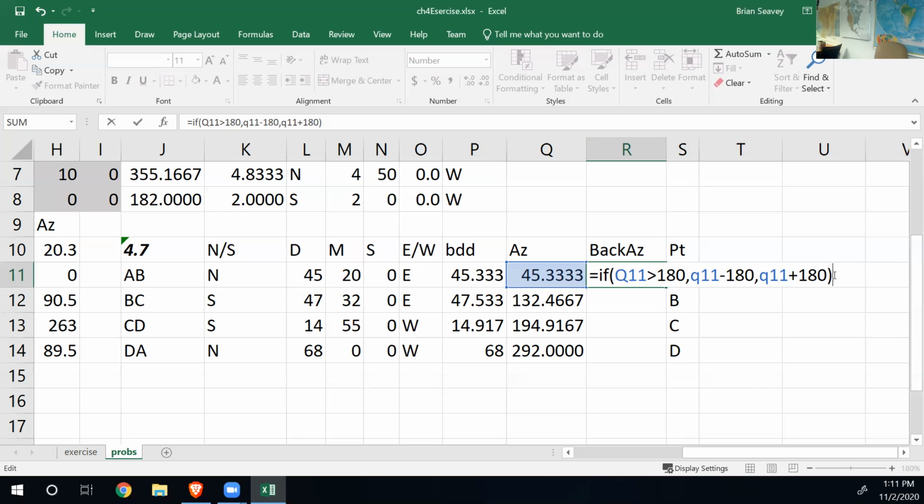So if it's greater, my back azimuth is equal to Q11 minus 180, right?